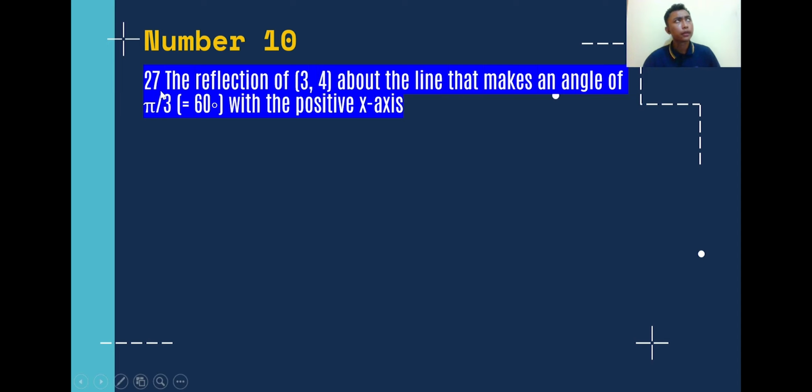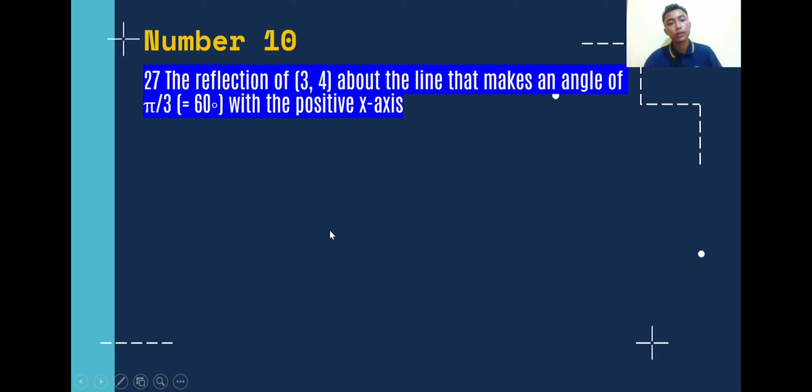That's in exercise 4.9, and we choose number 27: the reflection of (3,4) about the line that makes an angle of π/3, or 60 degrees, with the positive x-axis.